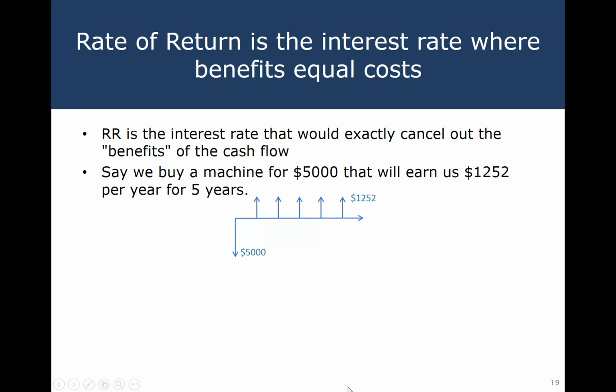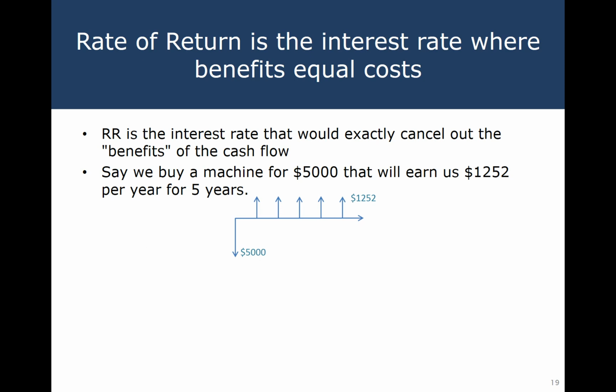So let's look at some examples. This is an example. We call it the rate of return, and we try to figure out the interest rate at which the benefits exactly cancel out the cash flow costs.